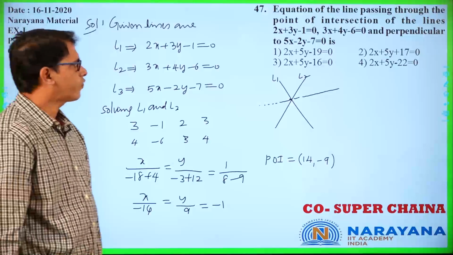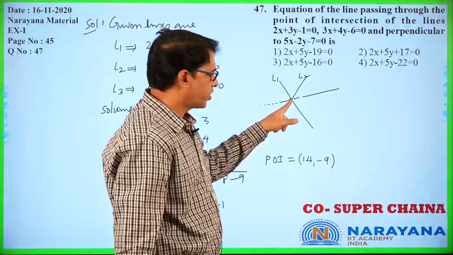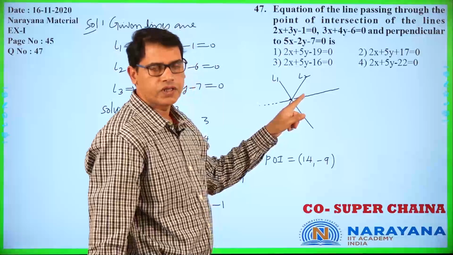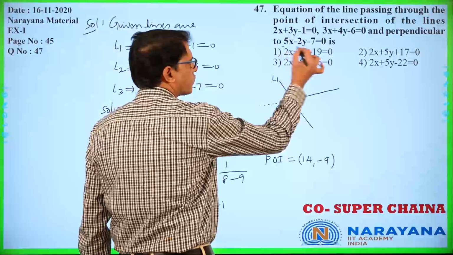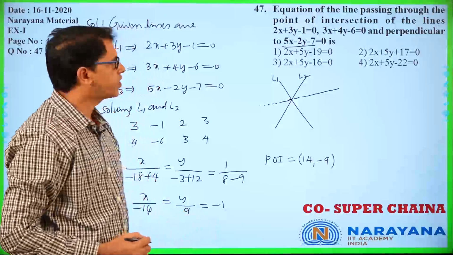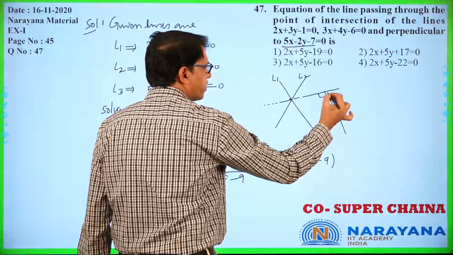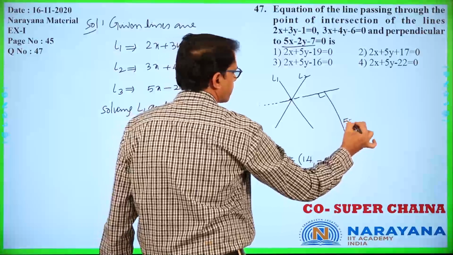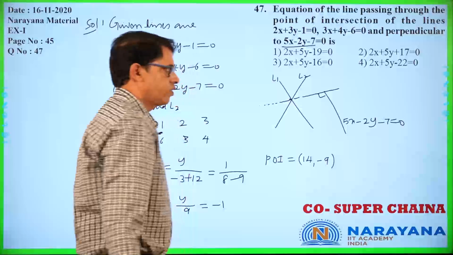Now what do we have to find? We have to find the line. I got the point. Then to find the equation, slope is required. It is perpendicular to this one, which means this line is perpendicular to 5x minus 2y minus 7 equals 0.